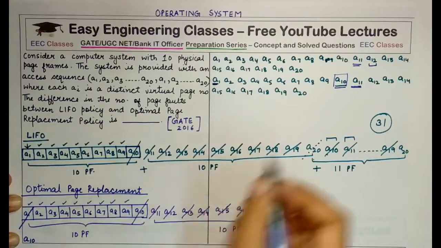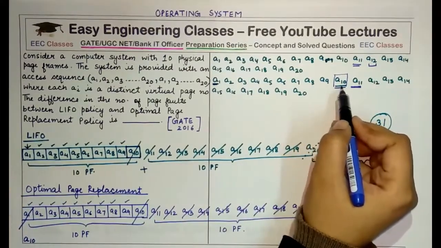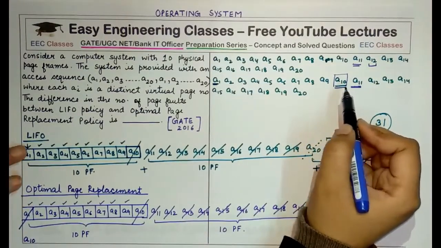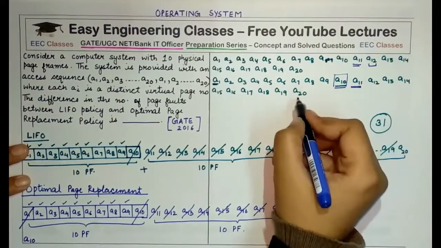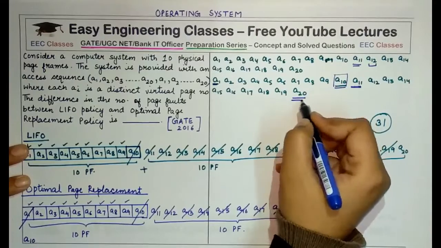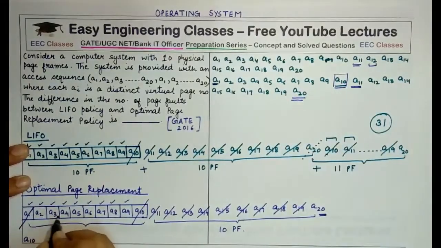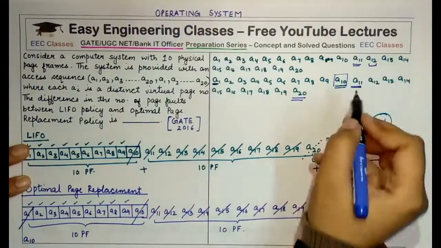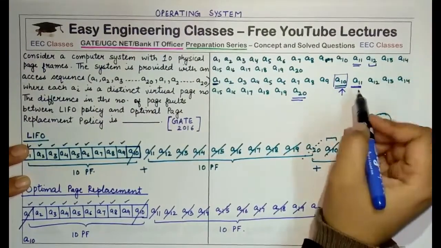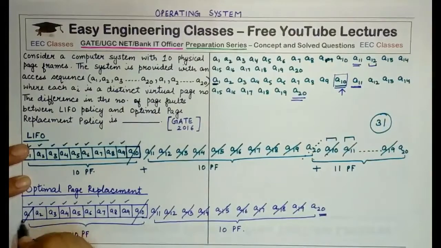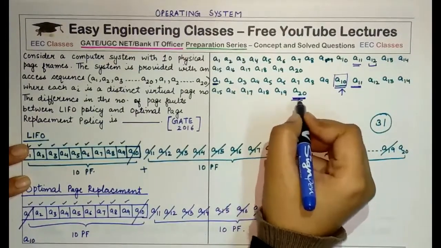I repeat this. We now have to put the page number A10. When I see in the future, I would need page number A20. I would never need A1, A2, A3 and A9 again. When I see from this point of time towards the right, the only page that is present in the page frame set and also present in the future is A20.